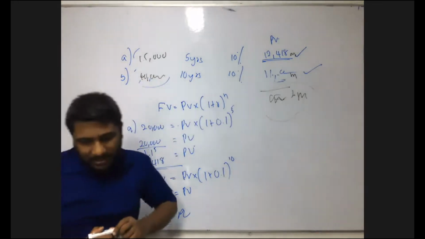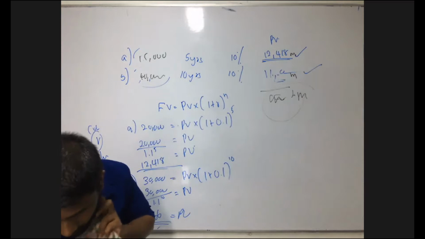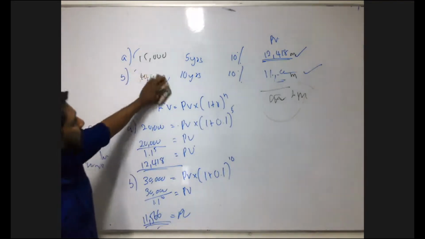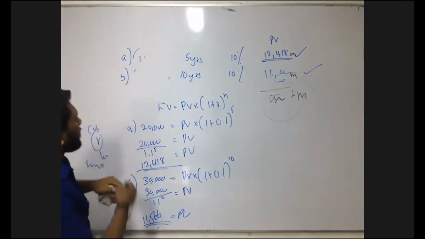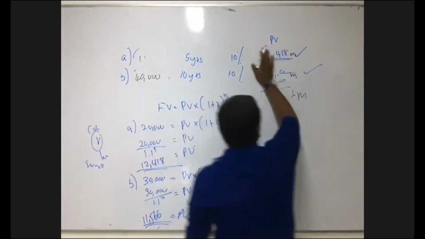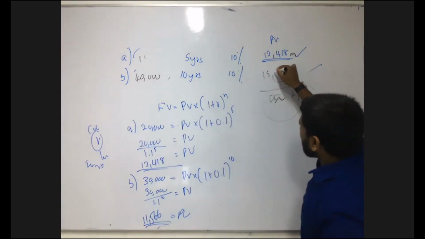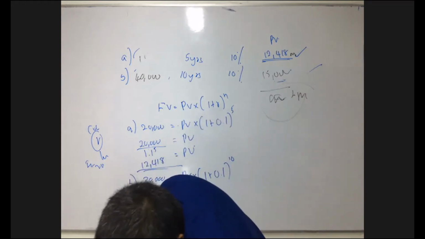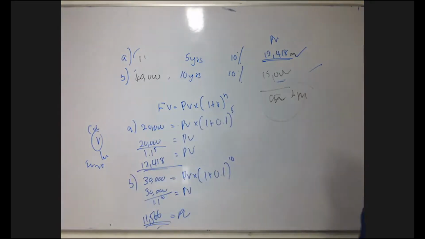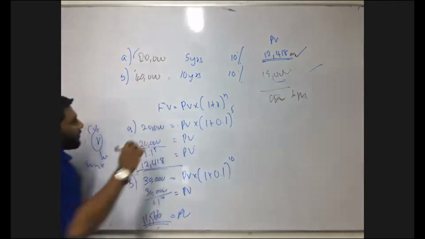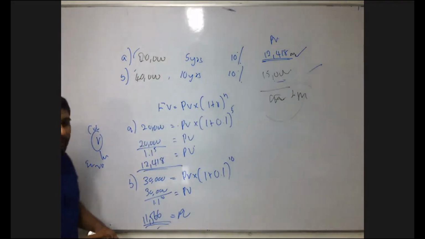I am not that clear with your question. Okay, you are telling here 40,000 is the future value, present value is 15,000. Is it? No. Okay, I got it. I got your question. Yes, what you are telling is correct.